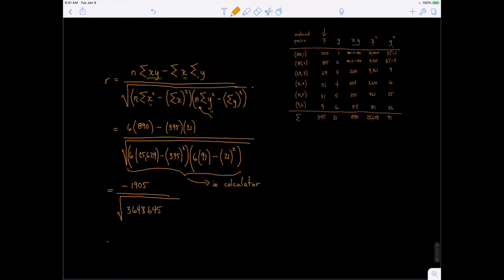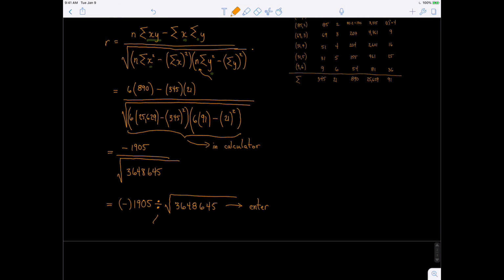Now, you might be thinking there's no way that's going to come in between 1 and negative 1. But I would put this into my calculator exactly like this. Type your negative symbol, type 1905, type your divided by, which will give you the forward slash. Then hit your square root button and type in 3, 6, 4, 8, 6, 4, 5, and then arrow your cursor out of the square root and press enter.